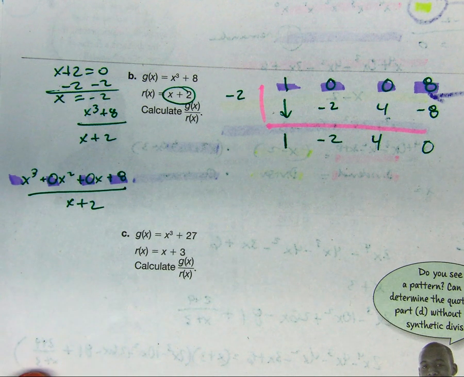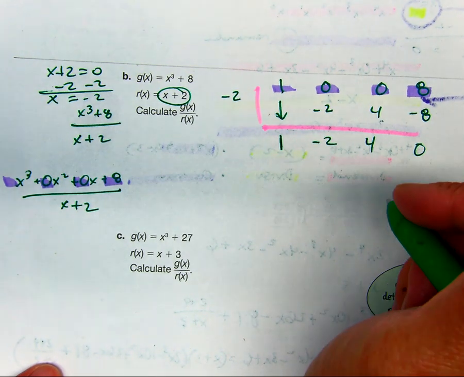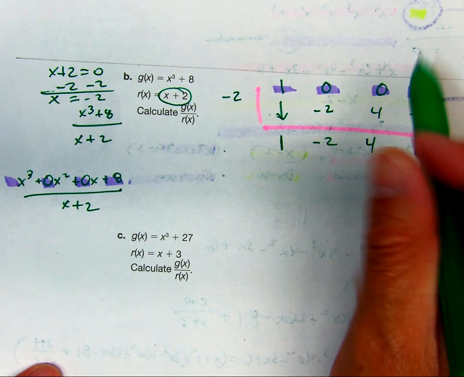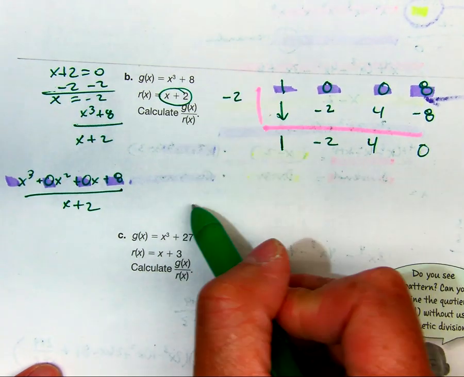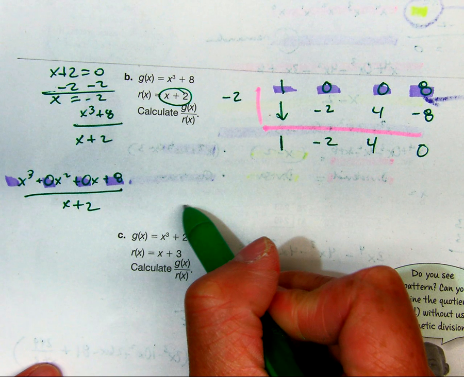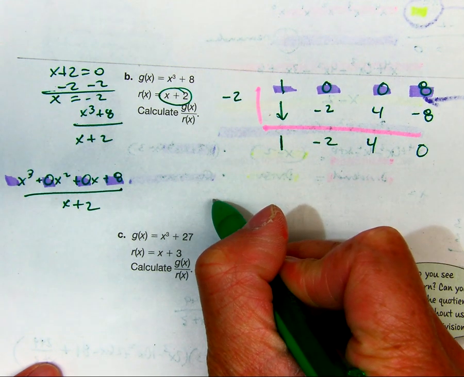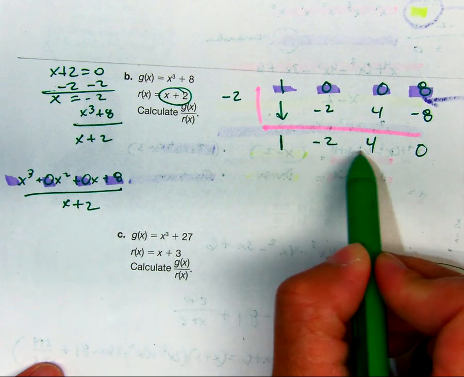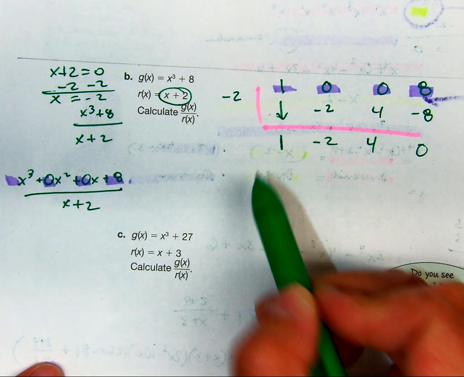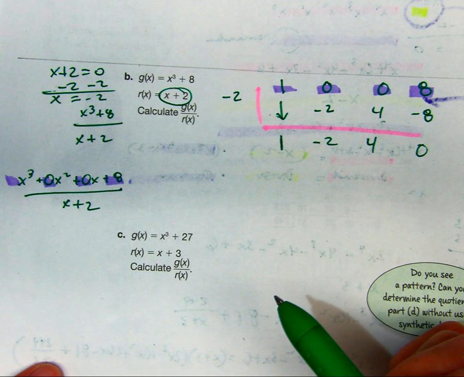Yes, Rudy? Okay, so you're saying this one represents x plus 2. Are you thinking of the product? Okay, you want to do the product? Okay. So what does this represent? 1, negative 2, and 4.